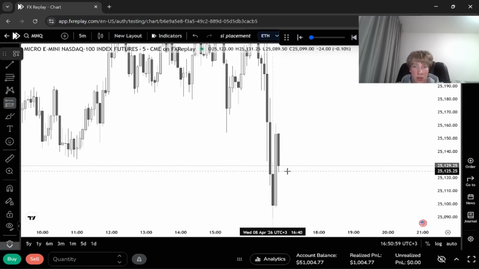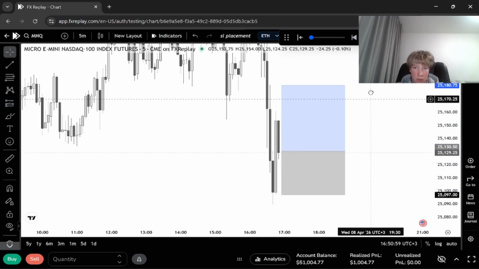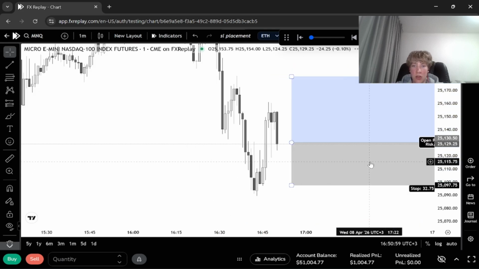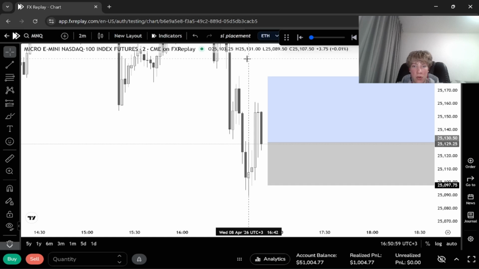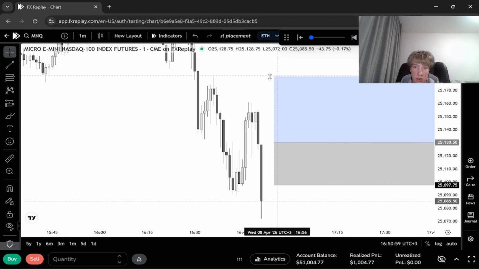We could be long in from here, but what I'm thinking is let me wait if we're investing this gap or we're just going as a re-entry.